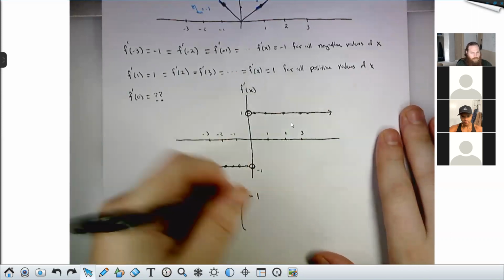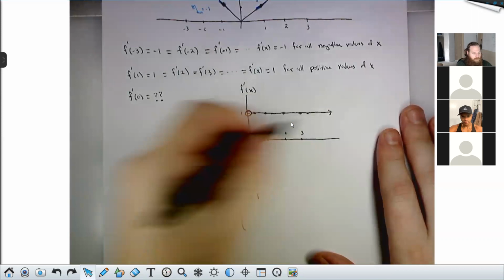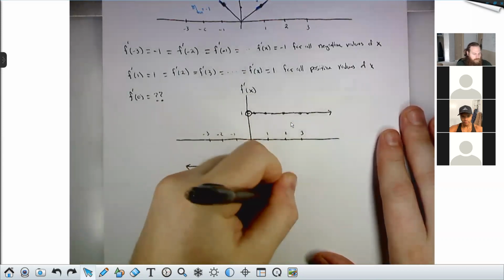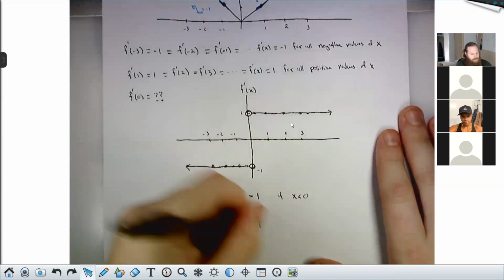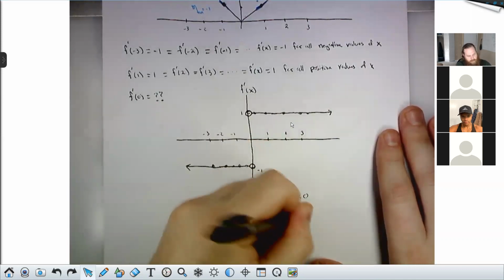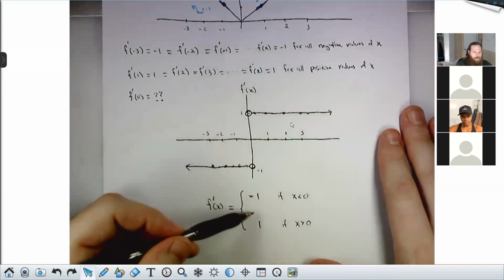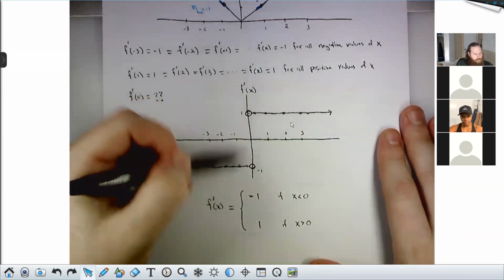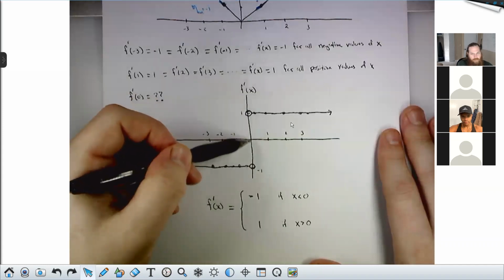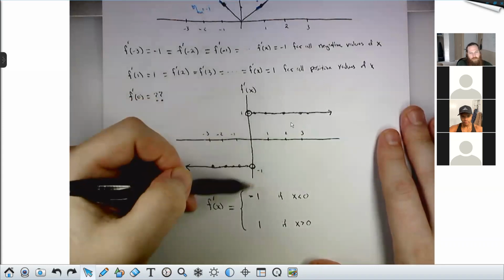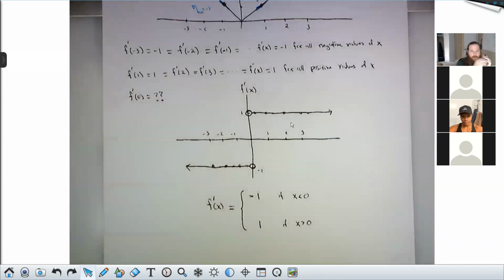Good, yeah. This thing only ever outputs two numbers. It either outputs -1 or +1. It outputs -1 if x is less than 0, and it outputs +1 if x is greater than 0. And then the question is, could we fill in the 0? Is there something we could put in here? Could I fill in this hole, or put a filled in dot anywhere along the y-axis that would be true?